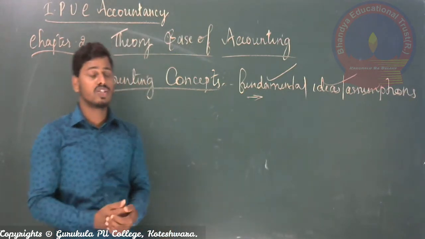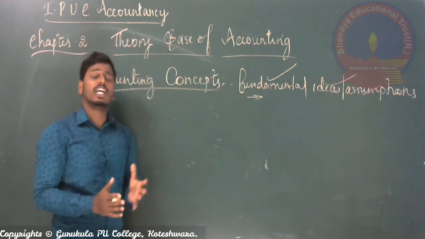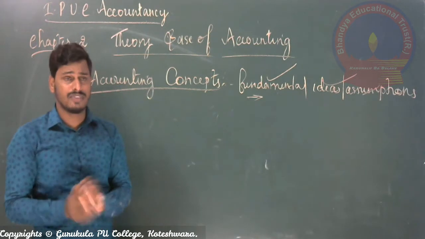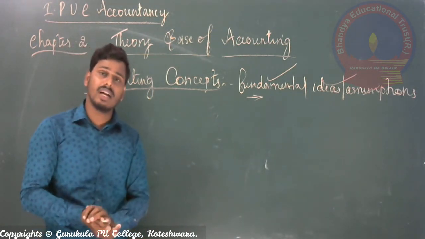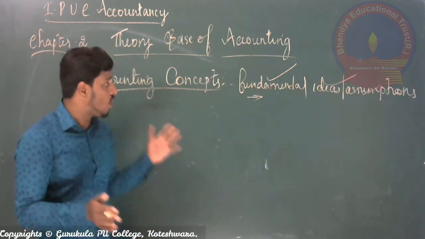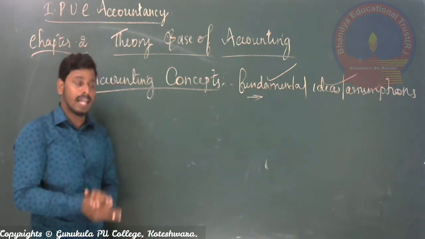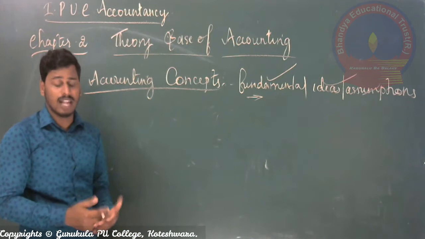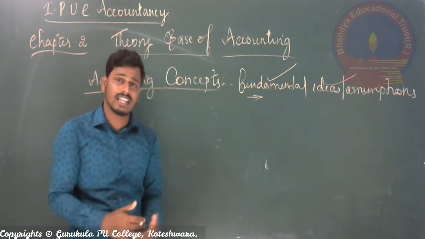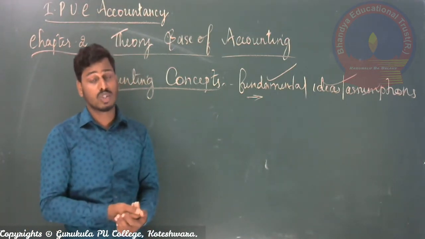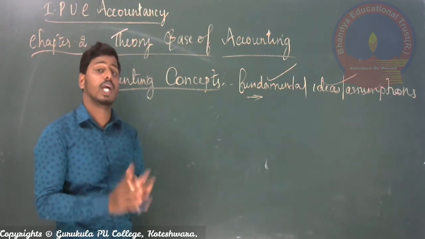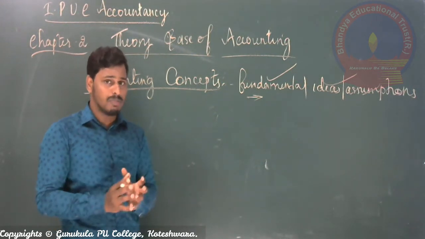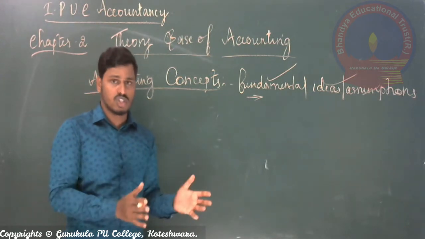Out of which, nearly 12 to 13 concepts are there in your textbook in your second chapter. We'll see them one by one, and if you understand all the accounting concepts, then from the third chapter onwards you can easily understand and solve the problem part. Students, from the next chapter onwards you will have some illustrations or problems to solve, right?